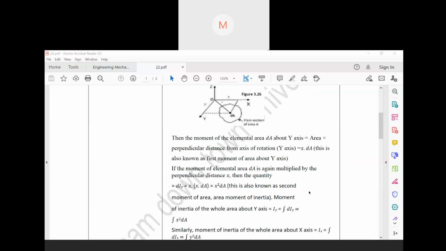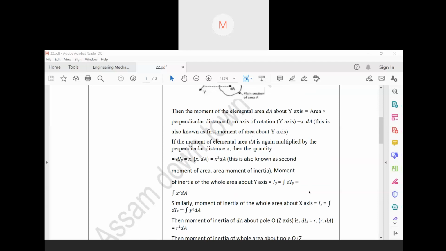Now look, if you are to find the whole moment of inertia, because this is a very small part, dA, you have to do integration to find the whole. So this integration is given by Iy equal to integration of x square dA. Why x square dA? Because we are finding the second moment of inertia.